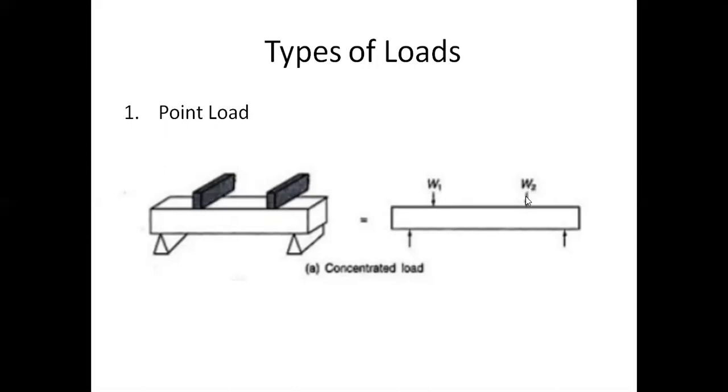A point load, or concentrated load, acts at a particular point on the beam, not over the entire span. If you see from the front view, the load is here and the load is here. So when it is applied at a particular point, it is called a point load or concentrated load.